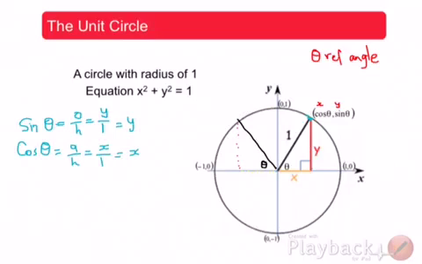So that's what I call theta in this quadrant, and in this quadrant down here, this would be my theta, and in this quadrant down here, this would be my theta. So this reference angle in the first quadrant can be used to find values in all the other quadrants.